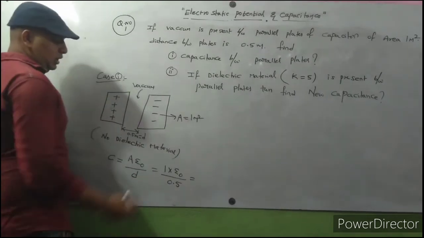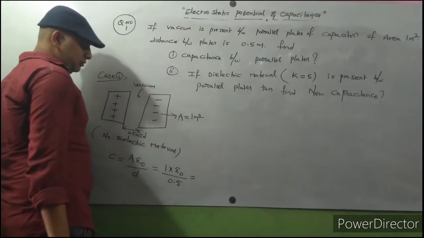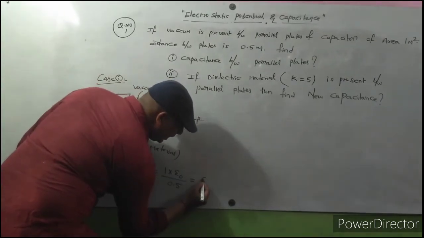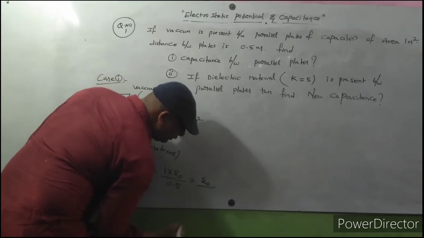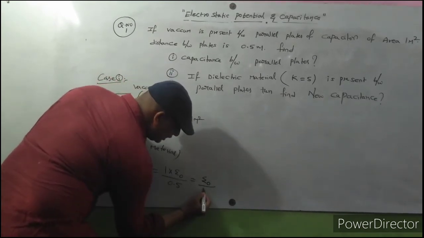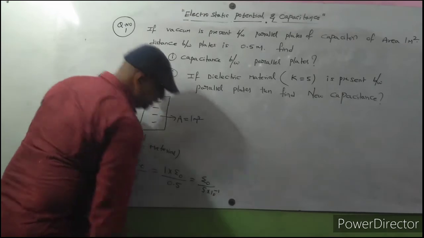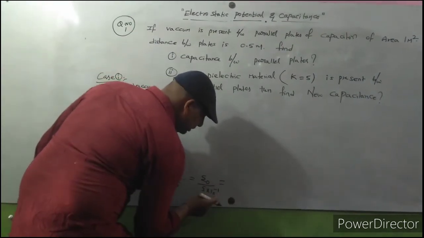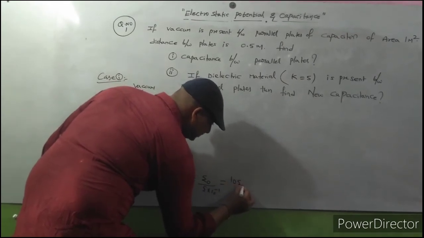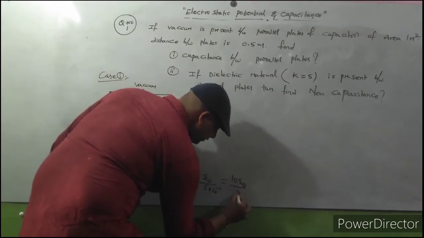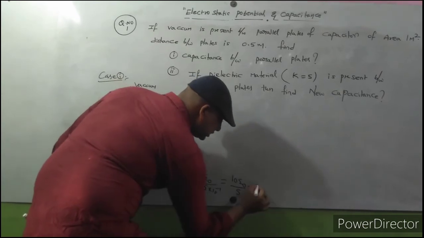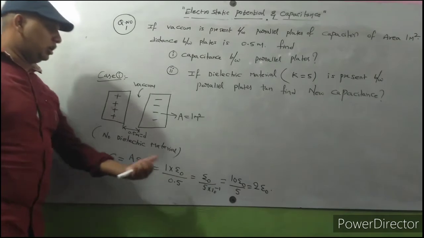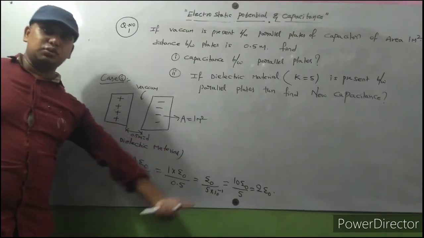That means epsilon naught by 0.5. 0.5 can be written as 5 into 10 power minus 1, and the 10 power minus 1 can be moved to the numerator, giving 10 into epsilon naught by 5, which is 2 into epsilon naught.